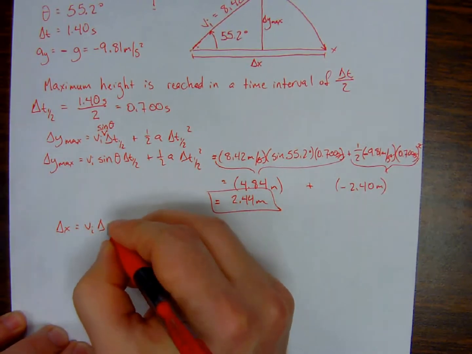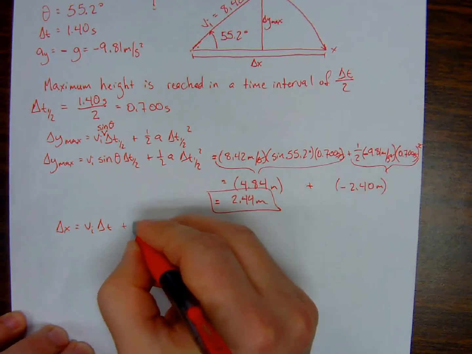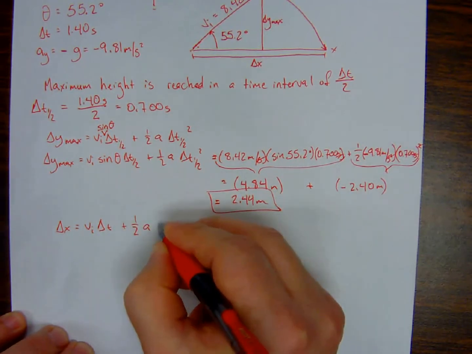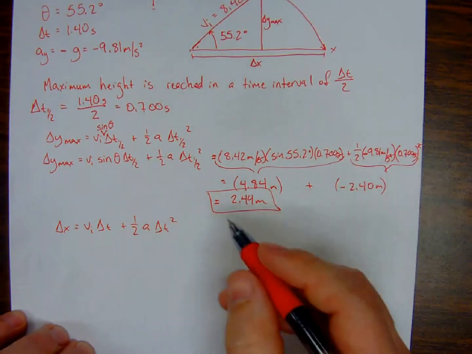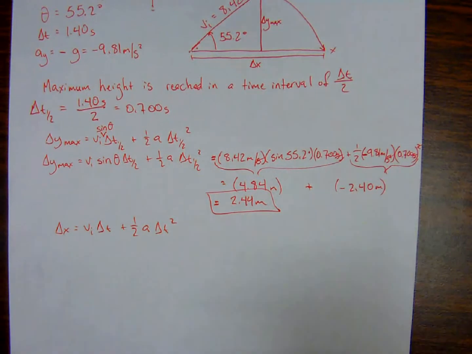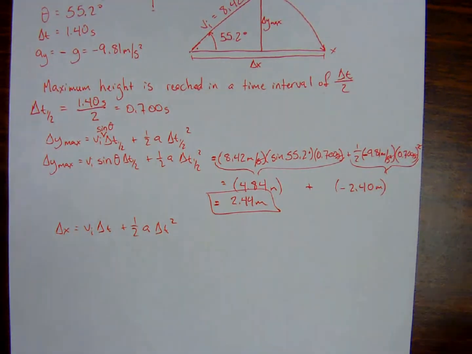So acceleration will have a numeric value of 0, and because there's a 0 in there, that means this entire second part of the equation goes away. And so I'm just left with this part. But again, remember, I'm looking for the x component specifically.